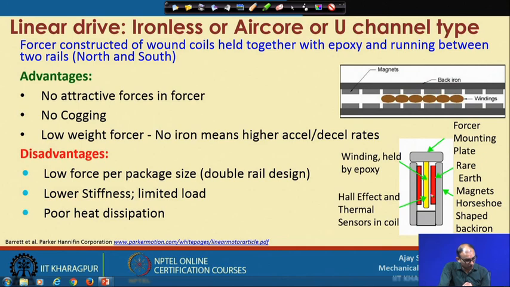If you want to dissipate heat from this part, you require air circulation through it, and once air is circulated, it does not have an escape route from this part. To reach this location, it has to travel a large distance, and only then is heat dissipation possible. That is where the poor heat dissipation comes from.